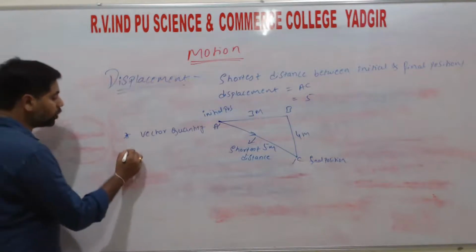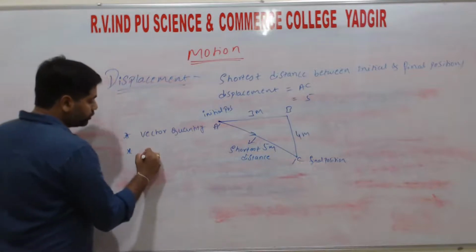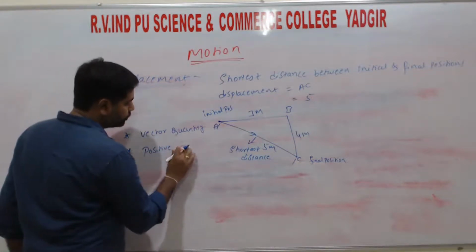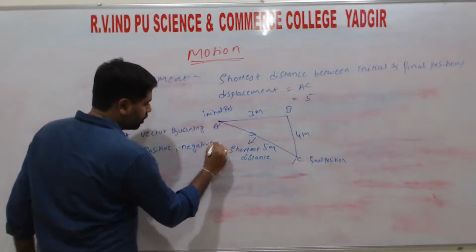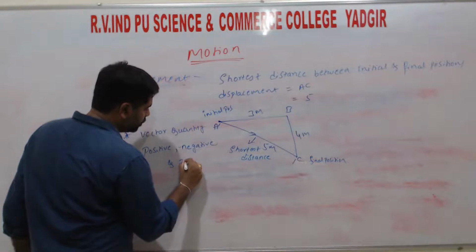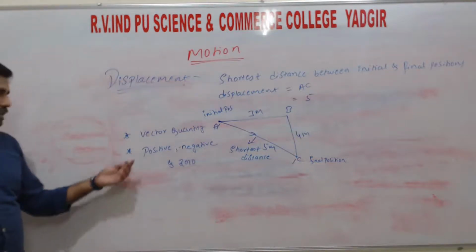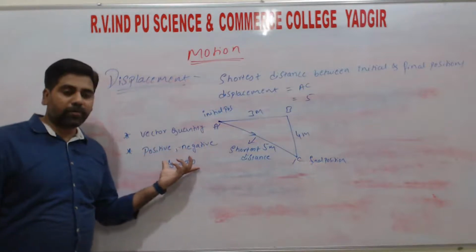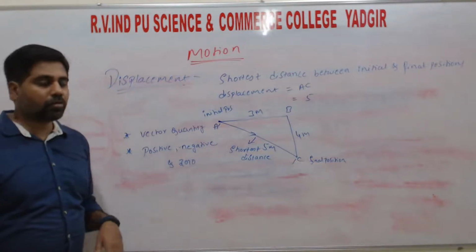So next, the second point is displacement is positive, negative, and it may be 0. Right? So displacement is either positive, negative, or it may be 0. So it follows these three: positive, negative, and 0.